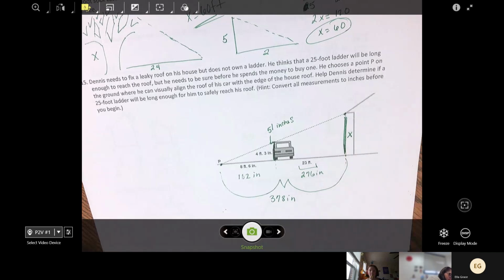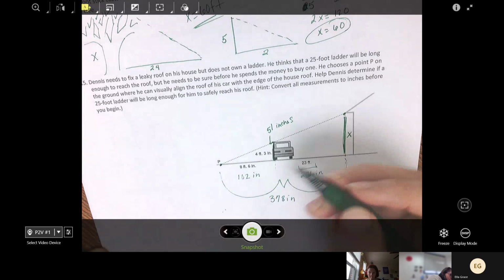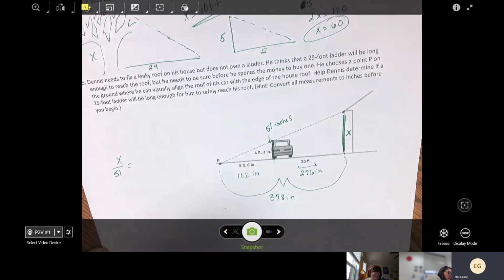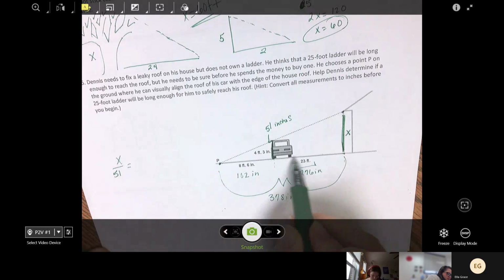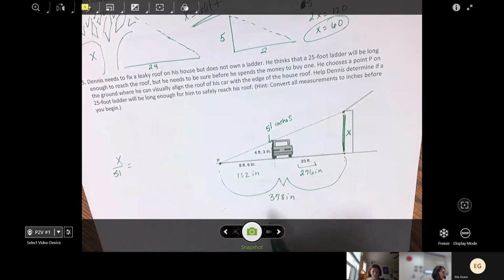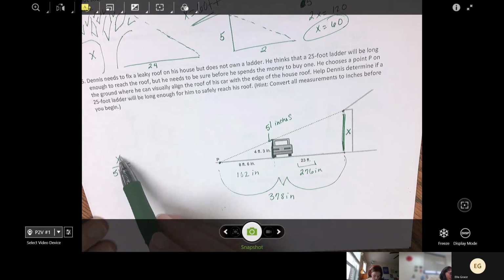Okay, so when I set up my proportion, this side corresponds with this side, so x over 51. And then I'm going to look at the base. So this is the base of the bigger triangle. 102 inches would be the base of the smaller triangle. So x represents the big triangle.